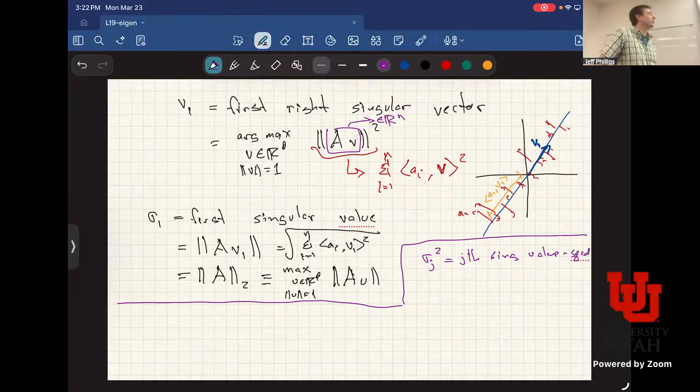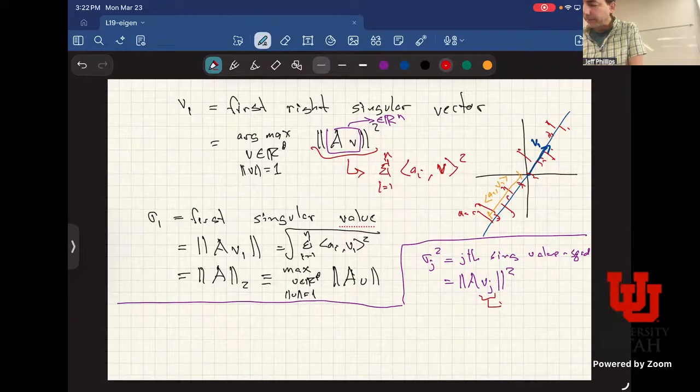This is going to be equal to the norm of A V_j squared, where V_j is the jth right singular vector. So this helps a little bit. The jth singular value I can again get by taking the jth singular vector, multiplying by A, and taking the norm. Okay, so this part makes sense.